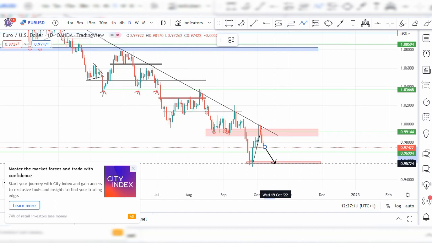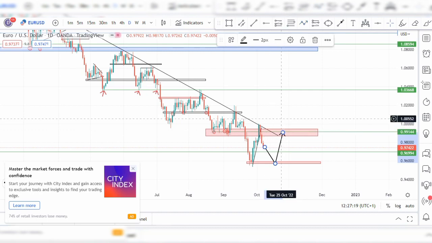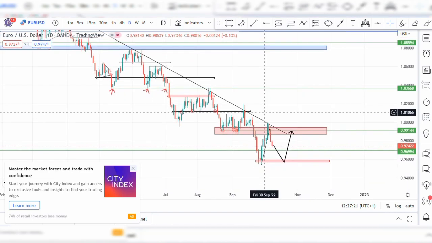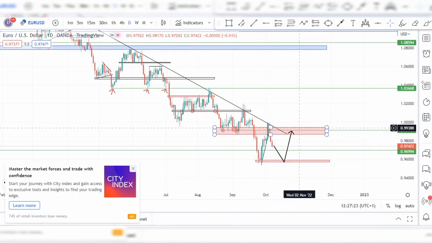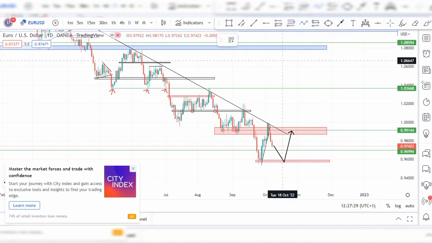If it gives me a bullish signal to buy, then I'll buy from down here and take my profit just at this resistance area here. This sort of double bottom pattern we're seeing, that's one. Two, I would also take a buy trade if price breaks this trend line as well as this resistance area.